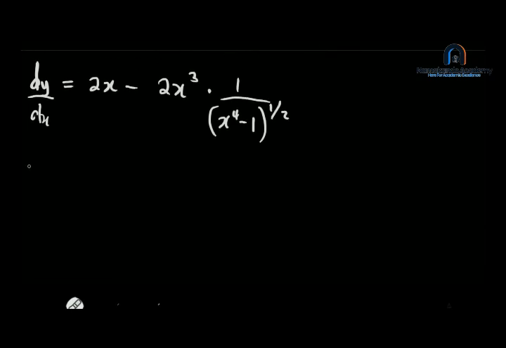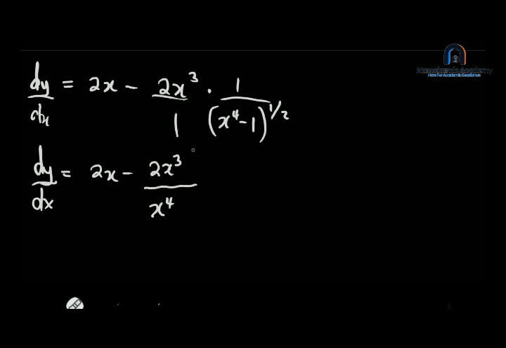Okay, so this will now become dy dx equal to 2x minus 2x cubed. You can say over 1, which we have here, multiplied with this, so I get x to the power 4 minus 1 to the power half.